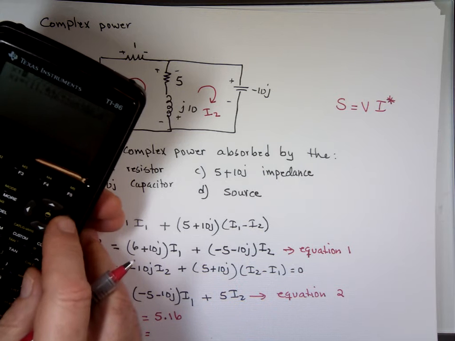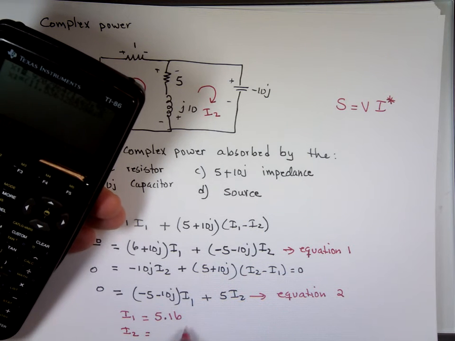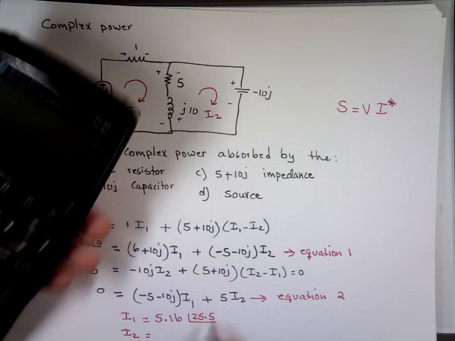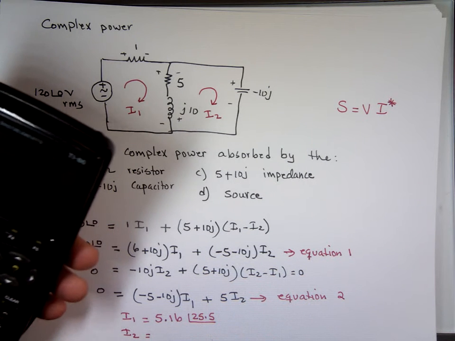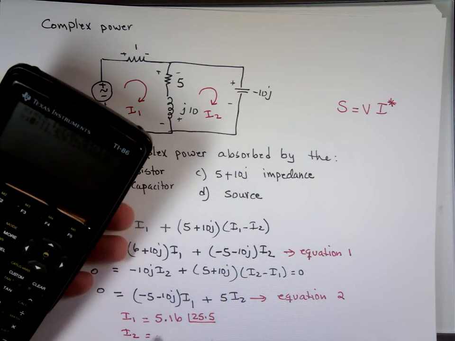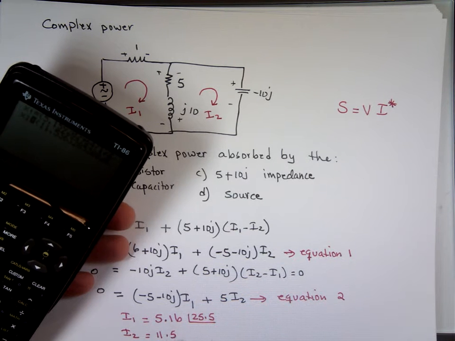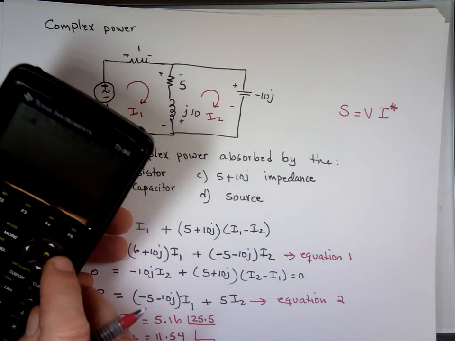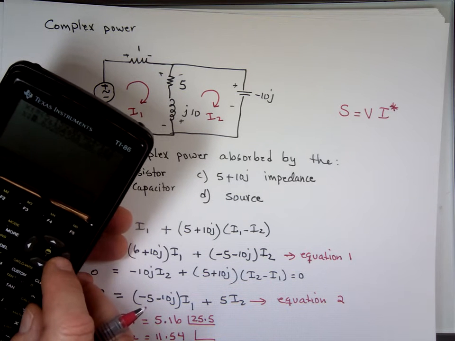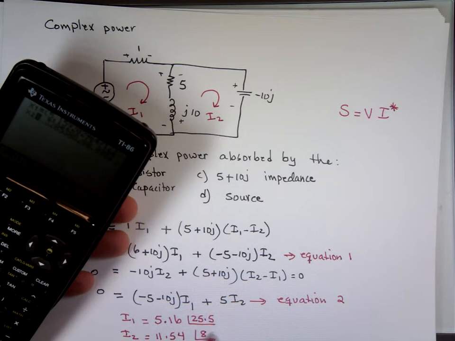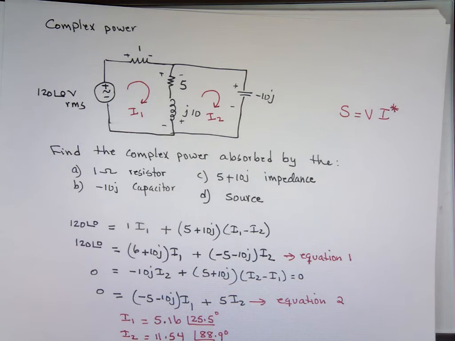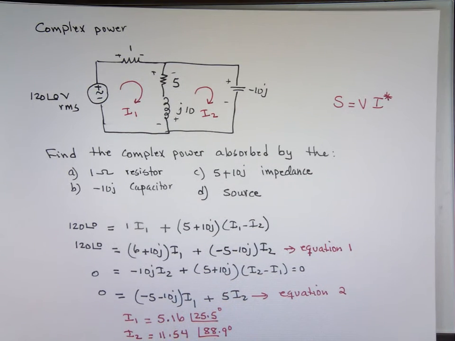Yes. And I sub 2 is 11.5 angle 88.9. So I found these currents.